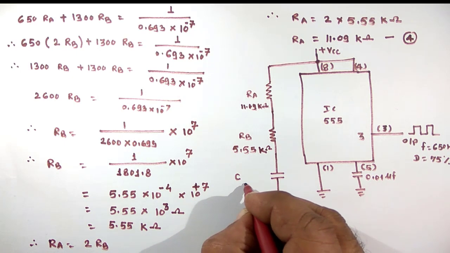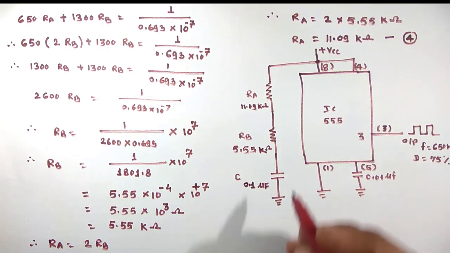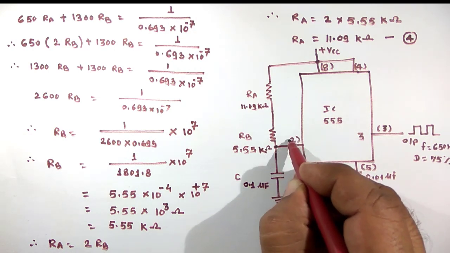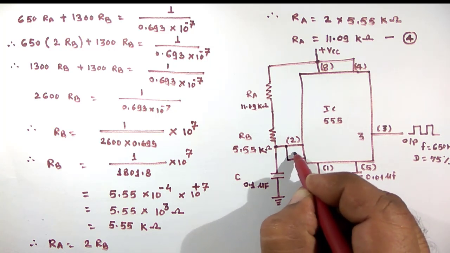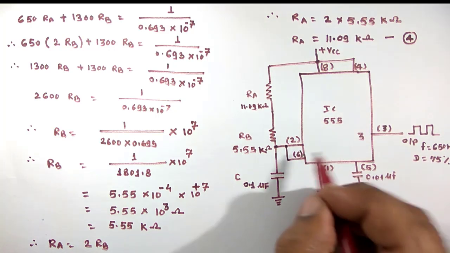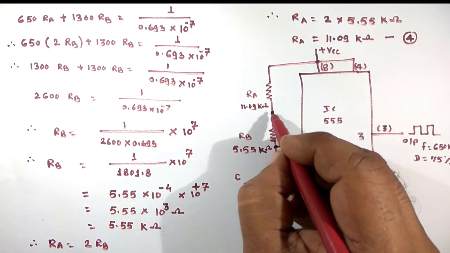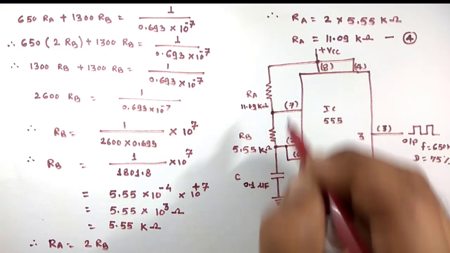Capacitor C is of 0.1 microfarad. Voltage across capacitor is given to pin number 2. In an astable multivibrator it is given to pin number 2 and pin number 6. And the common terminal of RA and RB is connected to pin 7.